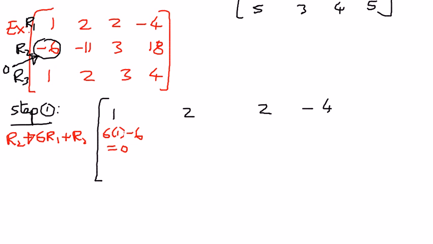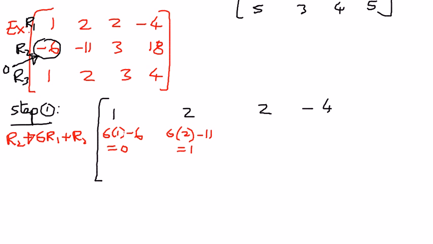Then the second one we have here is 6 times 2 minus 11. 6 times 2 is 12. 12 minus 11 is equal to 1.